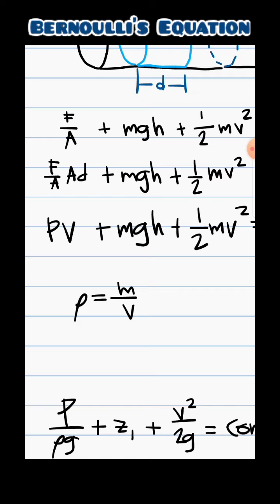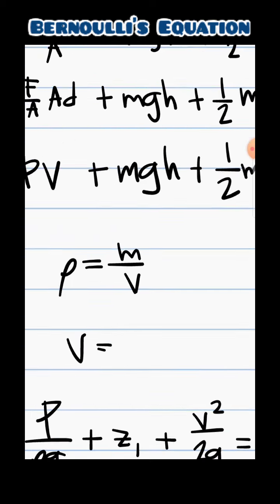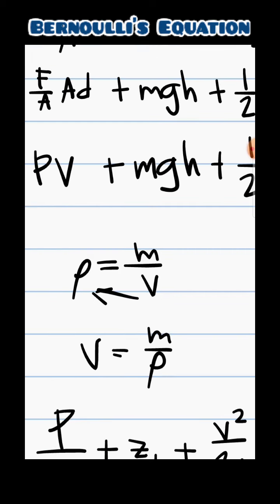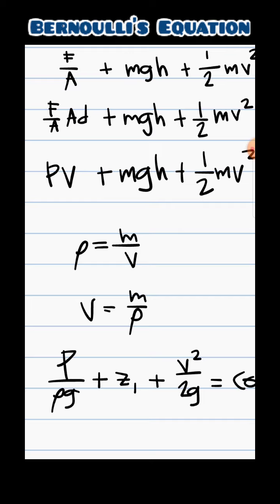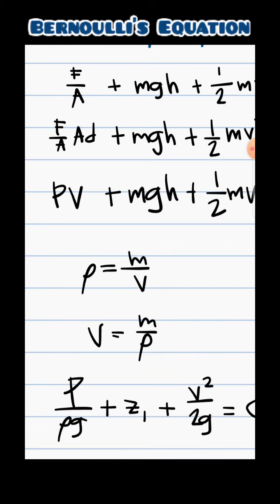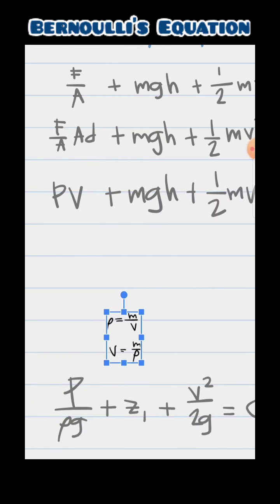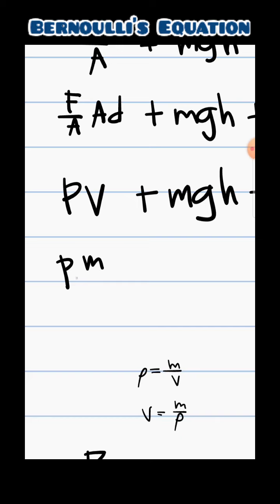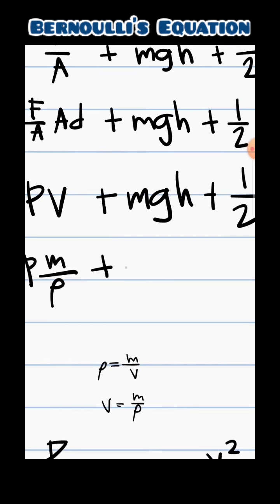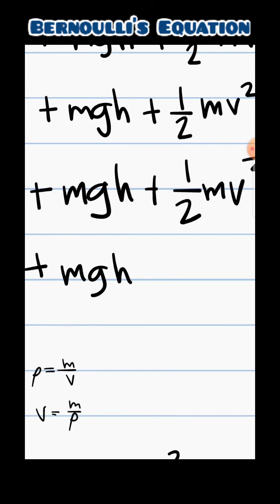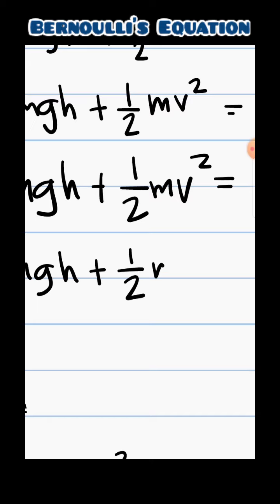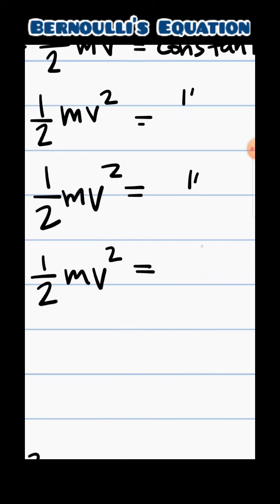If we solve for volume, we get mass over density, a simple cross multiplication. Replacing the volume with mass over density, we get pressure times mass over density, and now we have this equation equals a constant.